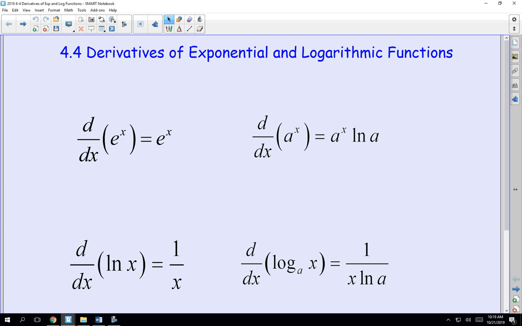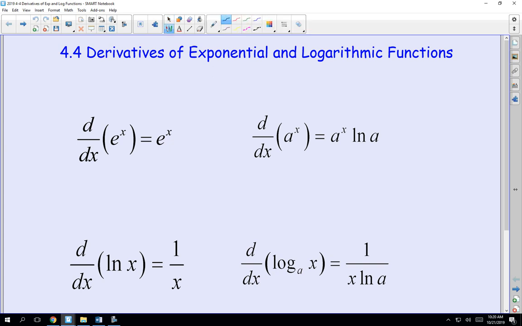The derivative of a to the x is equal to a to the x, and you've got to attach an ln of a. And what we end up doing with that one is taking a to the x and rewriting it. Let's see. Yeah.